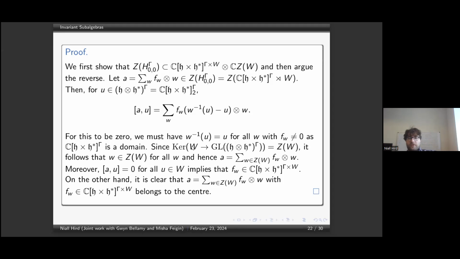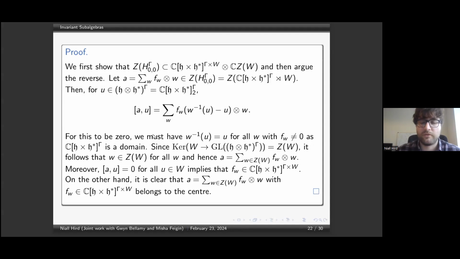And the kernel of this is the center of the group, so W has to be in the center of the group. So we can rewrite our element A here not as a sum over just any group elements W, but just as group elements inside the center of the group.